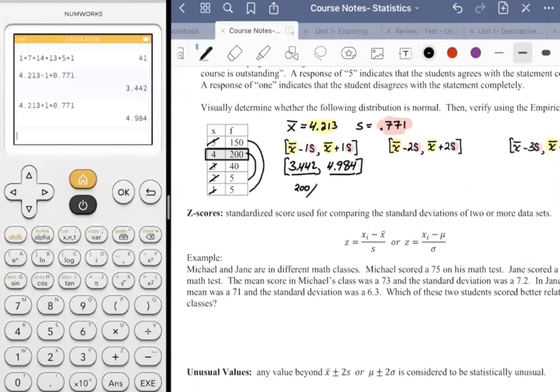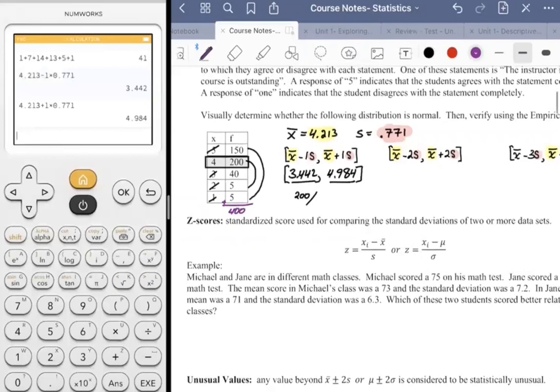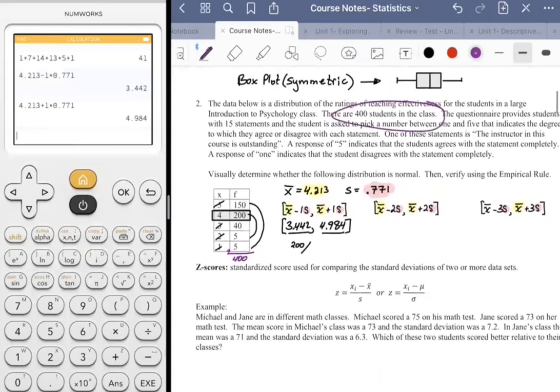Now, we want to sum. We want to know how many there are overall. That's what we did on a previous one. I just didn't show it. 150 plus 200 is 350. Plus 40 is 390. Plus another 5 twice is going to give you 400. Now, that being said, they did tell us that we should be on the lookout for 400 students.